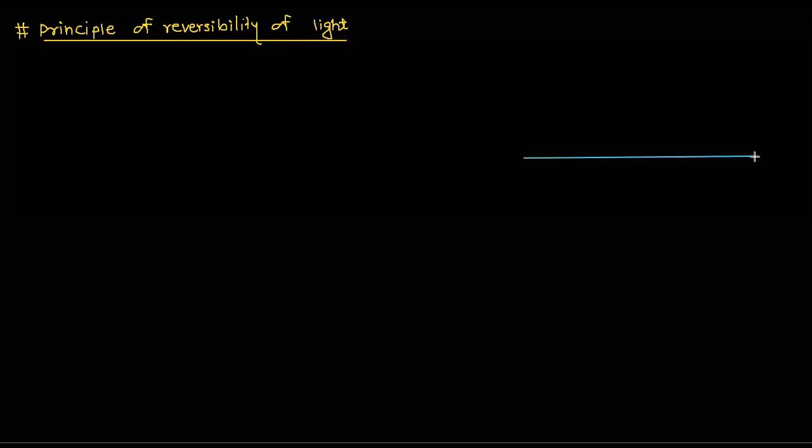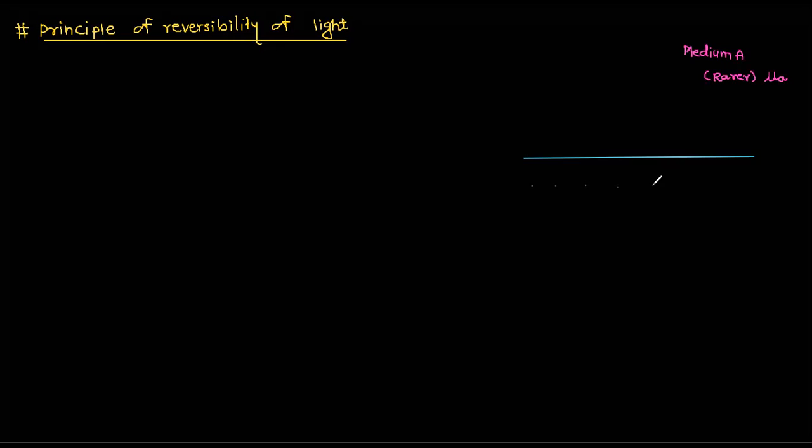So this is an interface. Now, you are having two mediums. Let us suppose this is medium 1, or you can keep it as medium A also. This one I am taking as a rarer medium having refractive index mu A, and this one I am taking with some dots so that I can say that it is a denser medium.